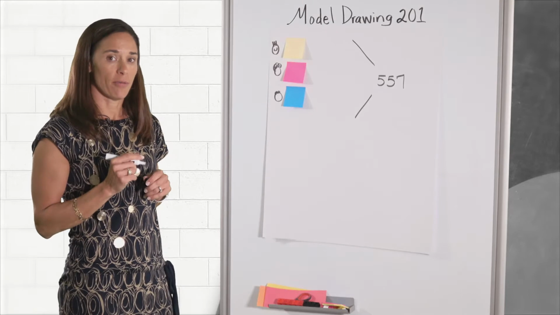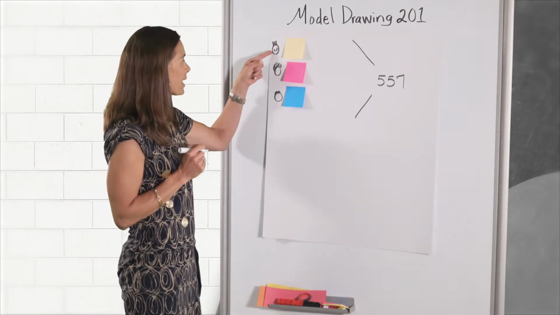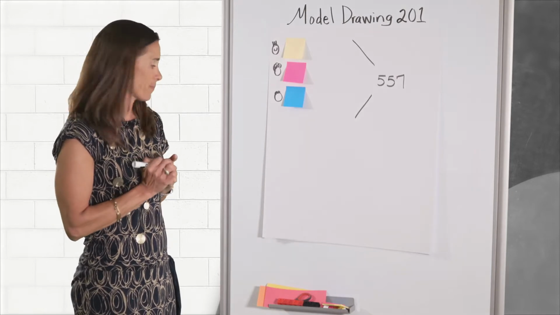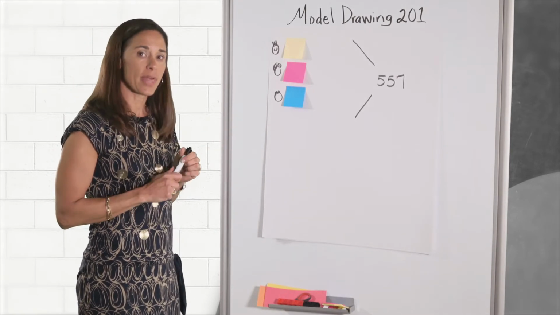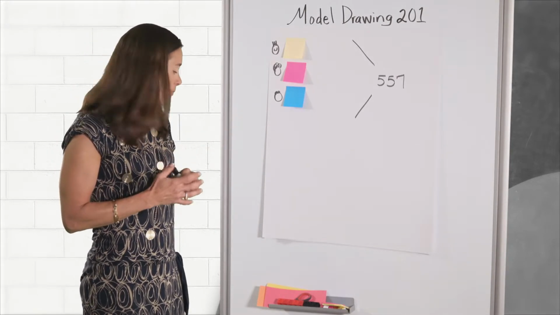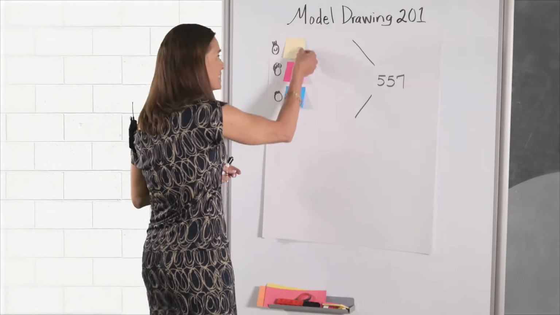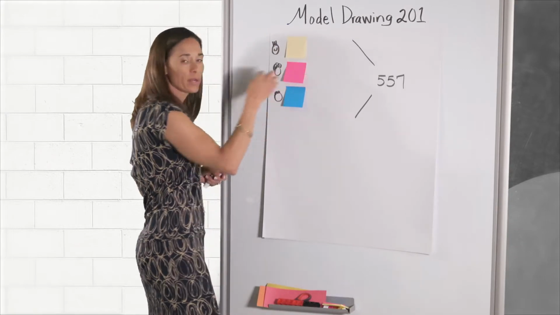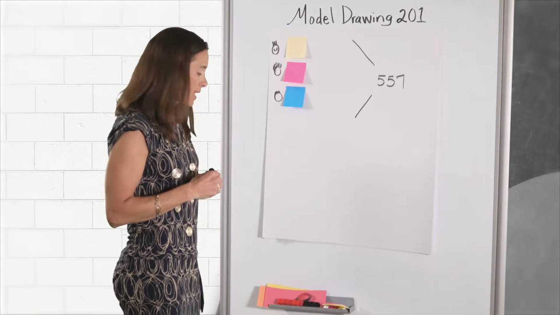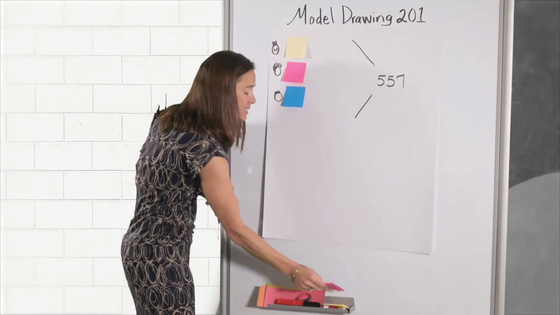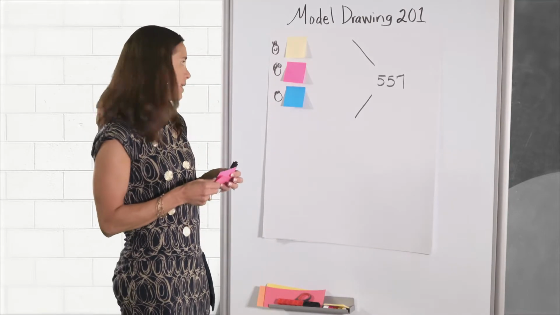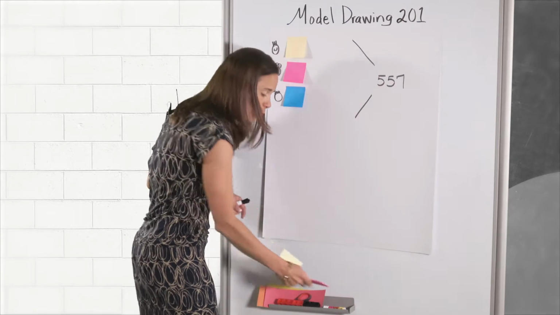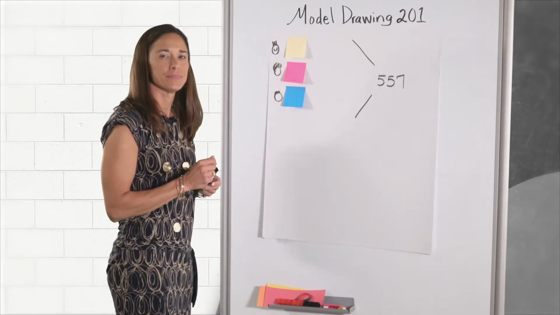What else do we know? We know that Spiky has 3 times the amount of marbles as Curly. So does our model show that? Hopefully students will see that this is the same amount, or we can say it's a 1-to-1 relationship. If we need Spiky to have 3 times as many as Curly, can you imagine whose bar we would add to?